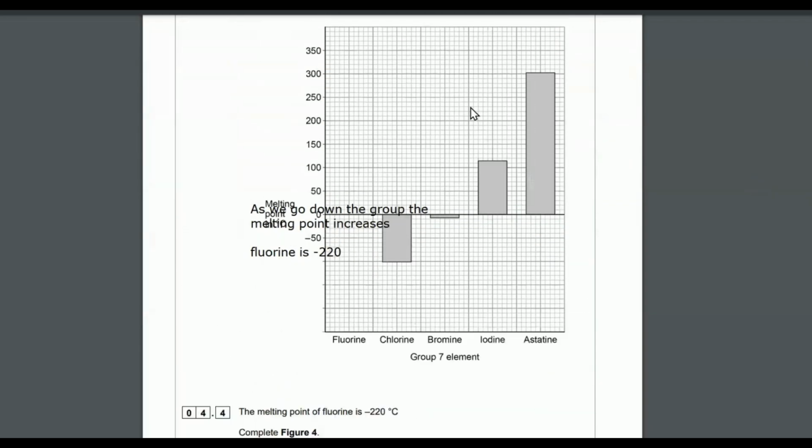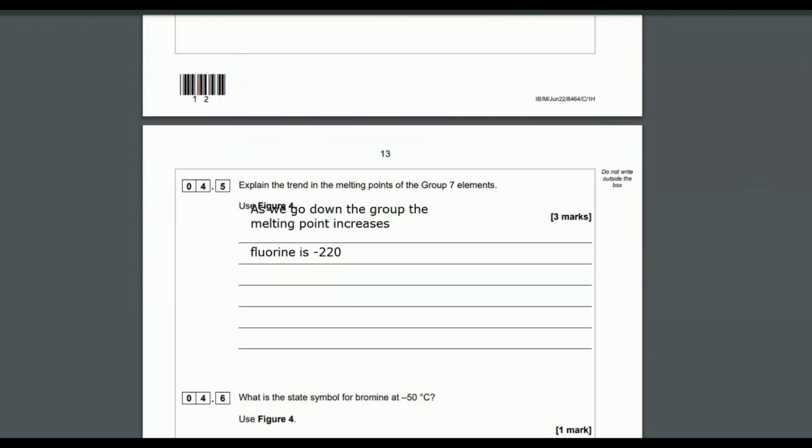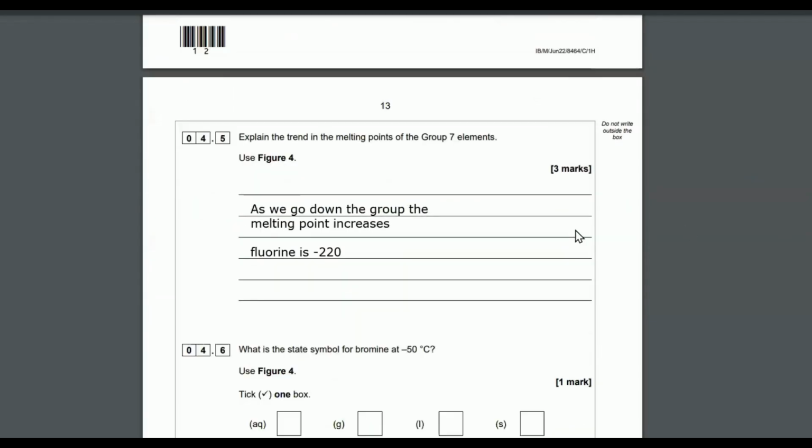So it goes from minus 220 to astatine, which is roughly 300, 305. I reckon it's like sort of halfway. So I'm going to say, as we go down the group, the melting point increases. Fluorine is minus 220. At the bottom, astatine is 305-ish, I believe, if my eyesight doesn't deceive me. So that should have got us two of the marks.